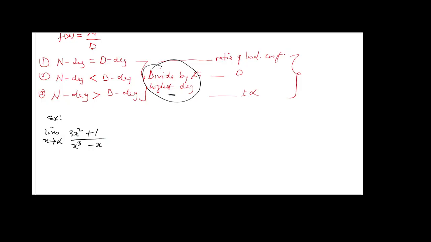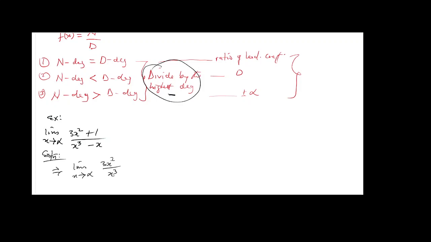Let's apply the same rule. The first rule for polynomials is to consider only the terms with the highest degree, which implies that what we have left will be the limit as x approaches infinity of 3x squared all over x cubed.